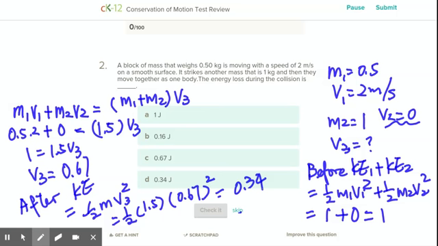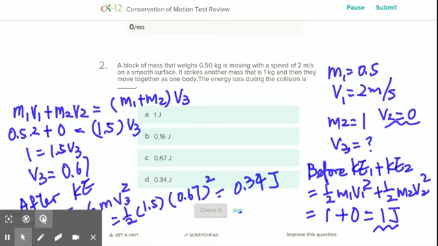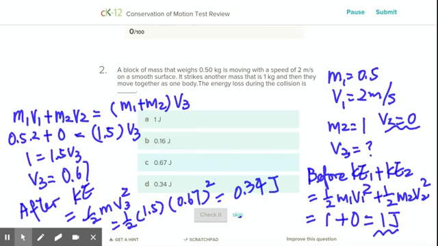So how much energy is lost? You use the before, which is 1 joule, subtract the after, which is 0.34 joule, or maybe it's 0.33-ish. Your answer is C. Okay, so 1 minus 0.34.